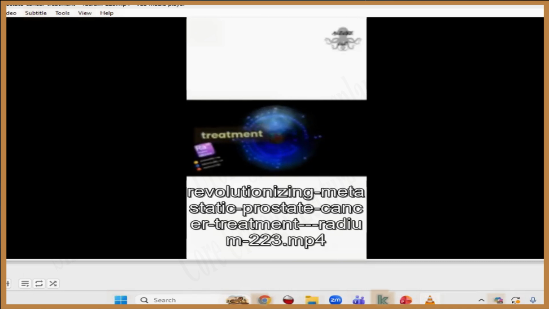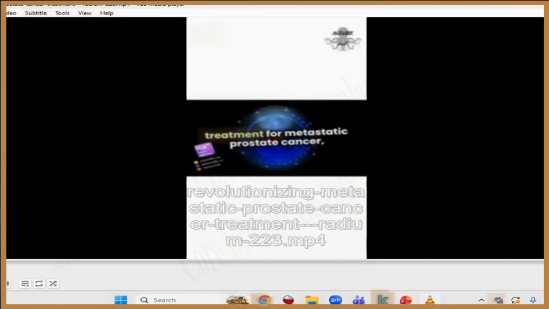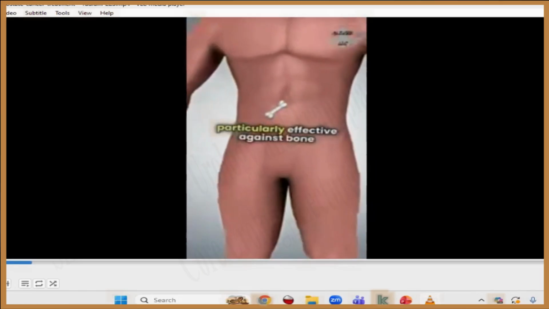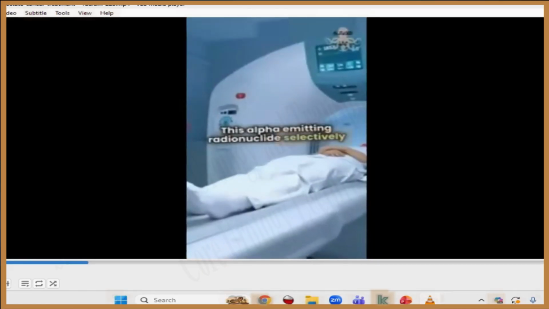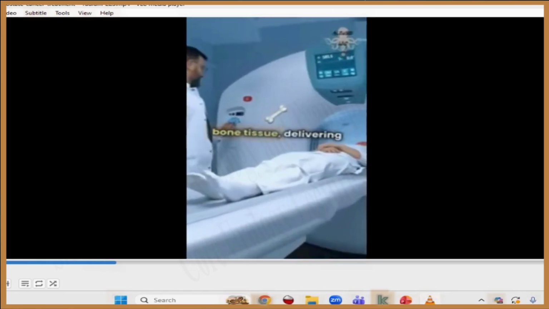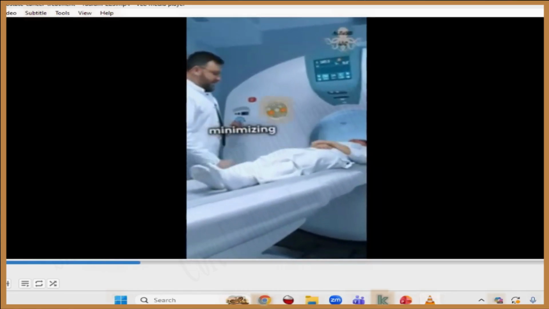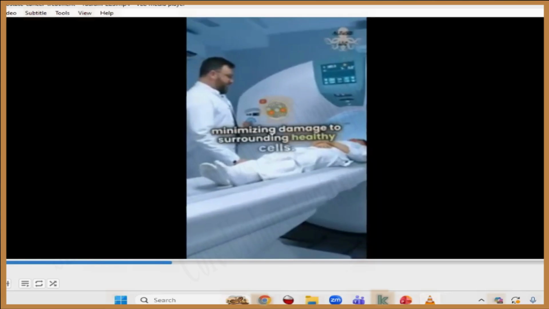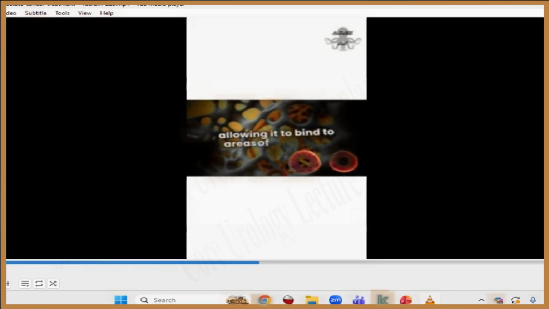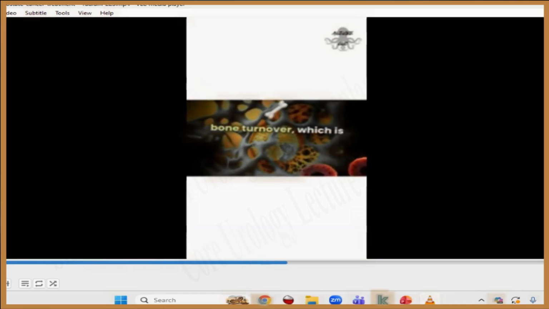Radium-223 is a groundbreaking treatment for metastatic prostate cancer, particularly effective against bone metastases. This alpha-emitting radionuclide selectively targets bone tissue, delivering localized radiation while minimizing damage to surrounding healthy cells. Its unique mechanism involves the mimicry of calcium, allowing it to bind to areas of increased bone turnover, which is common in metastatic lesions.